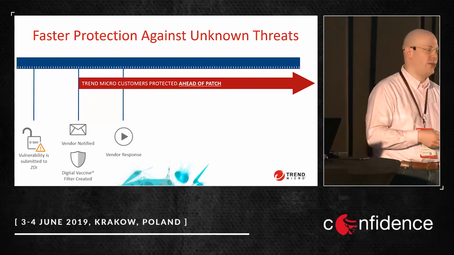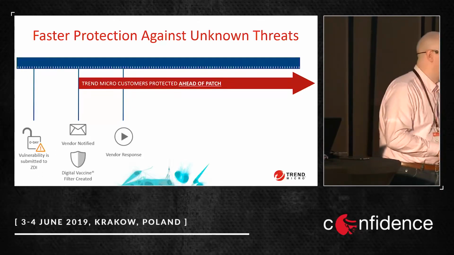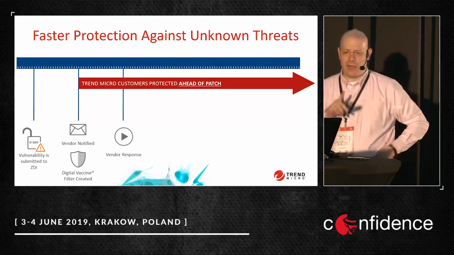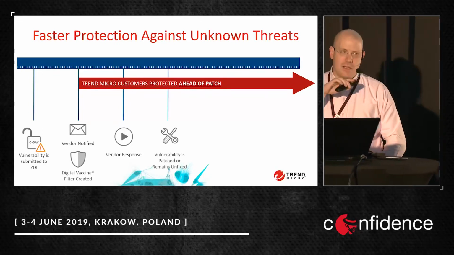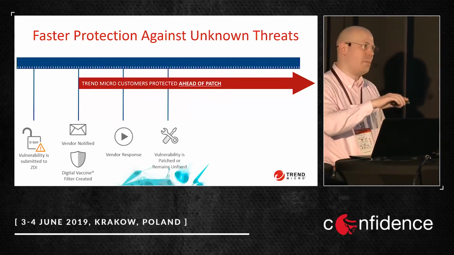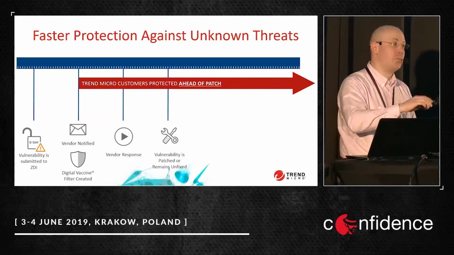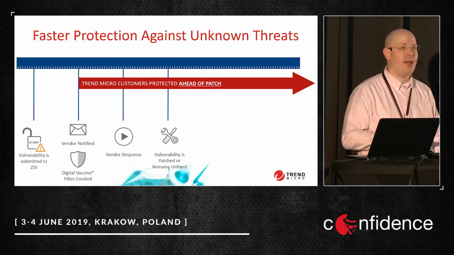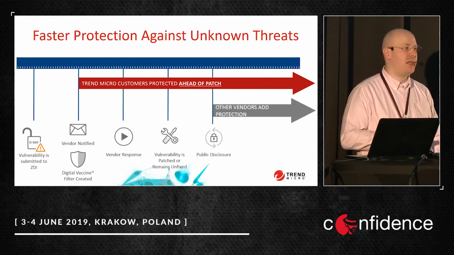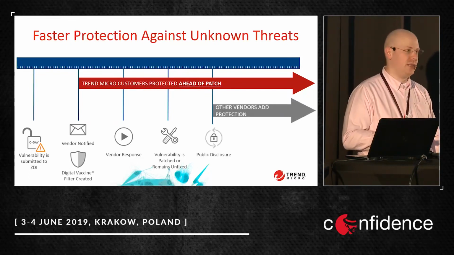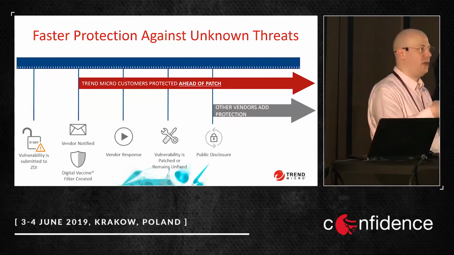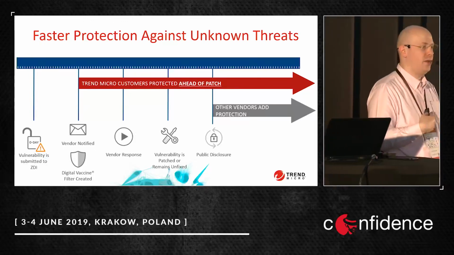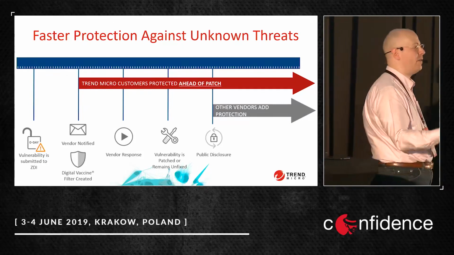So the worst reaction is to not respond at all. However, I said most vendors nowadays do respond. So the vulnerability might be fixed, might be addressed, might be documented. That's something that we have to negotiate with the vendor. However, after a specific time, the vulnerability will be released. And that's basically our advantage. The one who's finding the vulnerability will get the money.